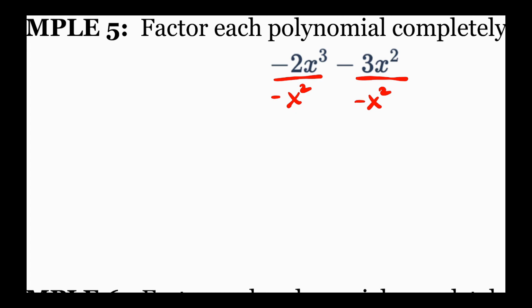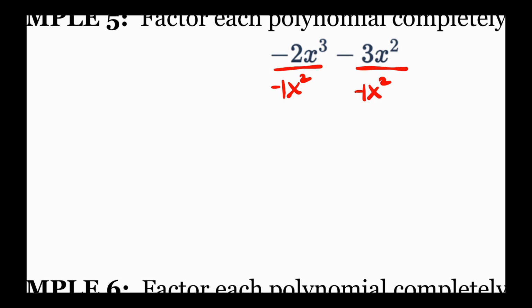Has to be a negative because I have to make the leading term positive. So right now the leading term is negative 2. I don't want it to be negative 2. I want it to be positive. So really you're just dividing by negative 1x squared. You can put the negative 1 if you want. You don't have to.